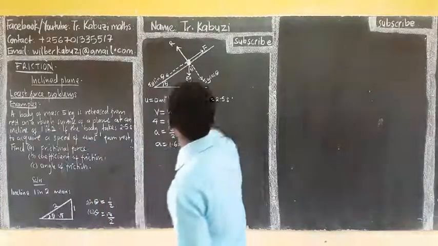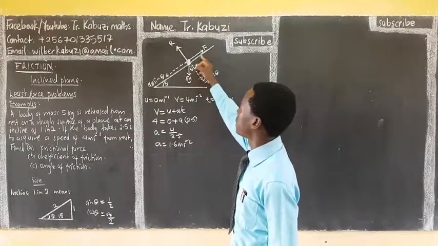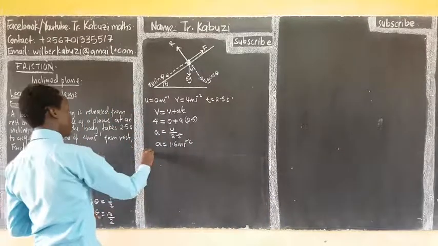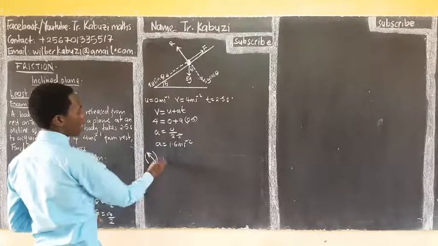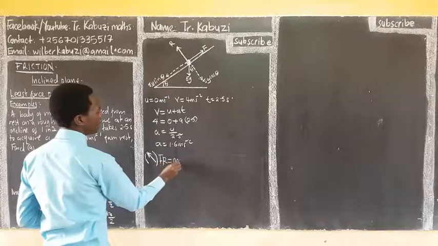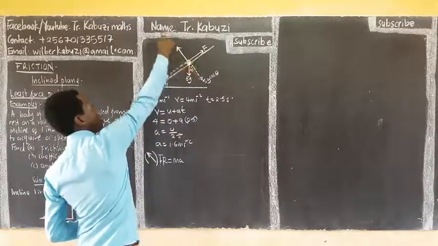Now from there, the frictional force. You first resolve normal to the plane. So there we have R. The resultant force will be equal to MA. But at this point we don't have an acceleration in this direction.